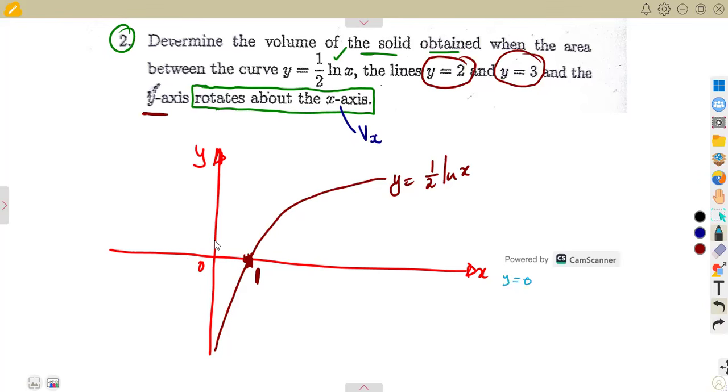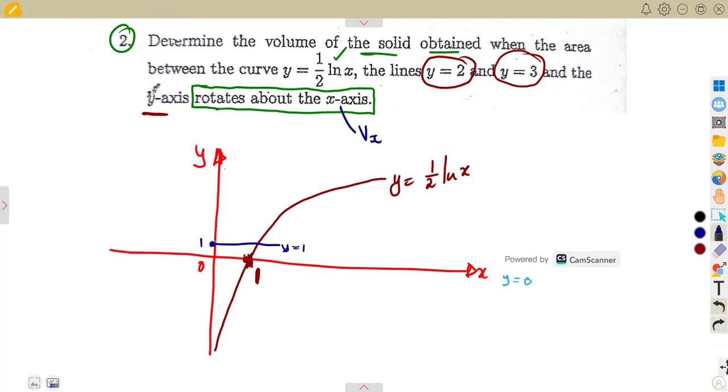So maybe this is 1, 2, 3, 4, and so on. This is a sketch, guys. You're not supposed to think much there. So that is maybe at point 1 there. This is the equation of y is equal to 1. So in the y-axis, this is at a point where y is equal to 1. If it is y is equal to 2, at a point 2, just like that.